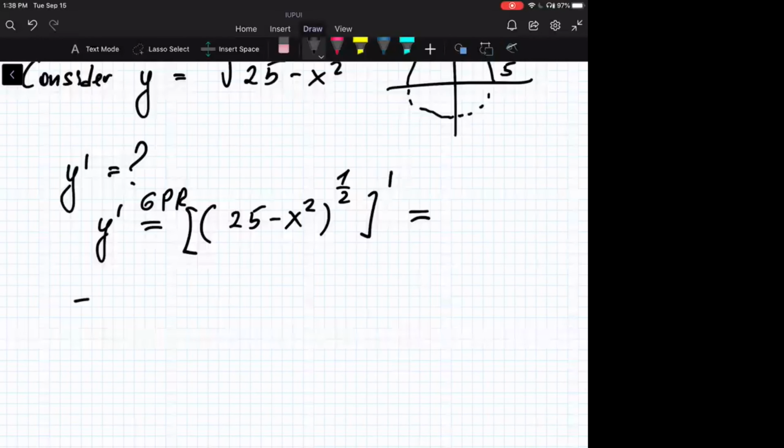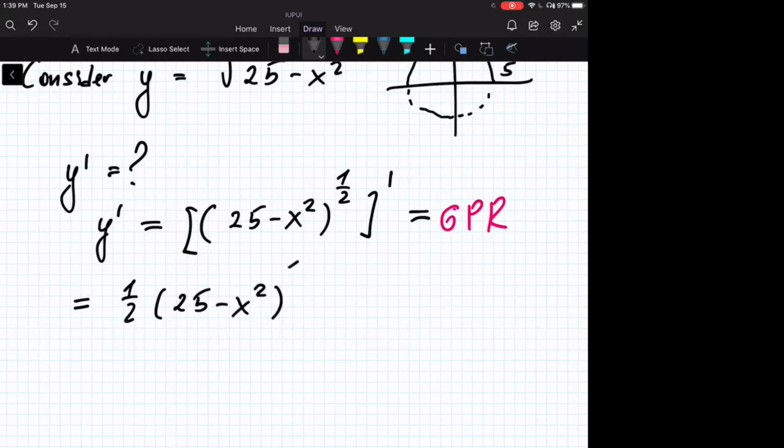By the generalized power rule, it is the derivative of the power function, so it's 1/2, 25 minus x squared to the power 1/2 minus 1, times the derivative of the function inside, so it's the derivative of 25 minus x squared.